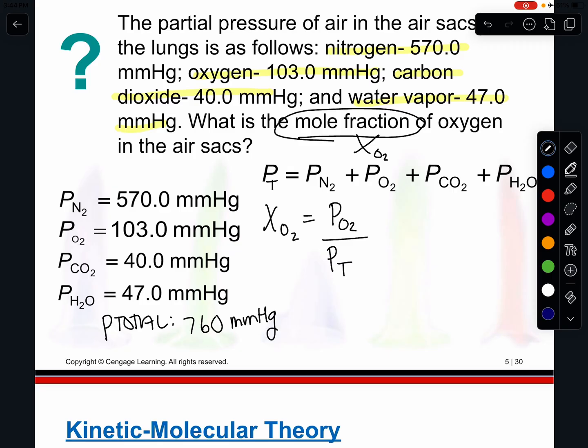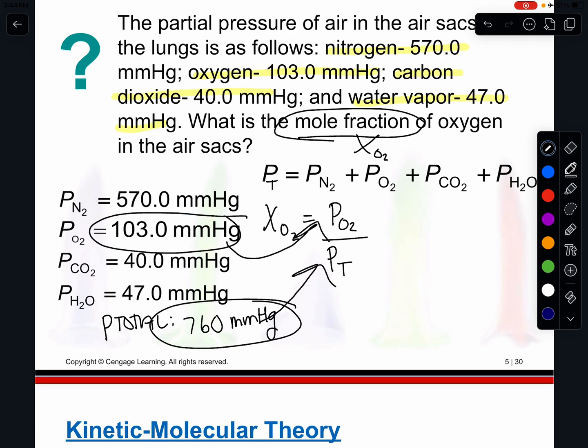And so I can place my partial pressure of my O2 and my total pressure and solve for my mole fraction. So my mole fraction of the O2 is equal to 103 millimeters of mercury over 760 millimeters of mercury.